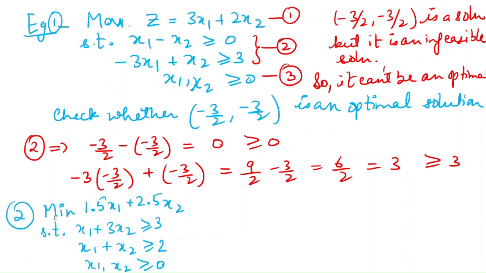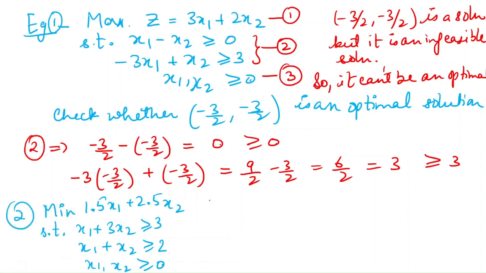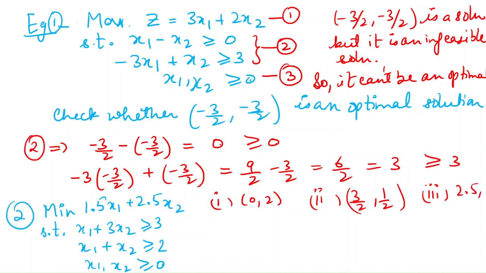So in this question we have 3 points given: the first one is (0, 2), second is (3/2, 0), and lastly third is (2, 0). So at all the 3 points we have to check whether it is an optimal solution, that means whether it is a solution, then feasible solution, and then lastly the optimal solution. So let us consider here.